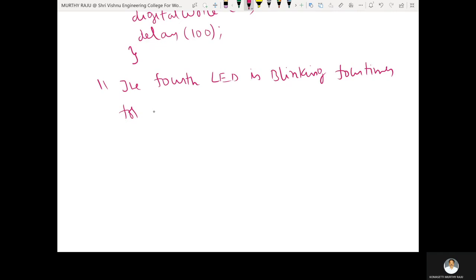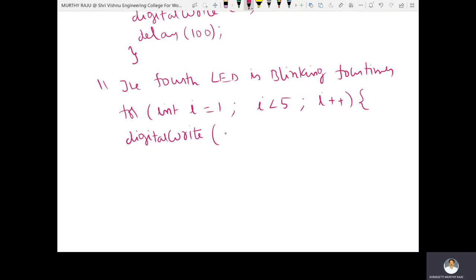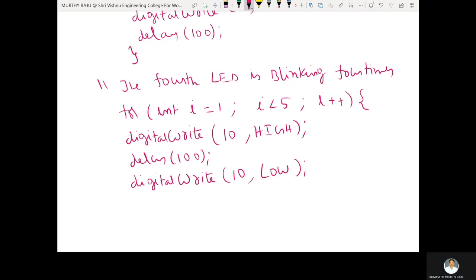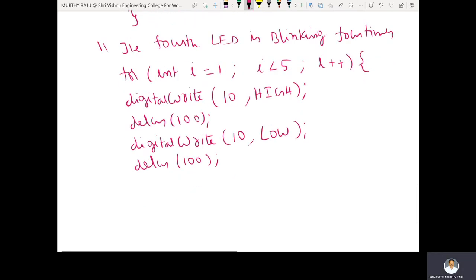Again, we use a for loop: for integer i is equal to 1, i less than 5, i plus plus, curly bracket open, digital write the 10th pin high, delay 100 milliseconds, digital write 10 low, delay 100 milliseconds.